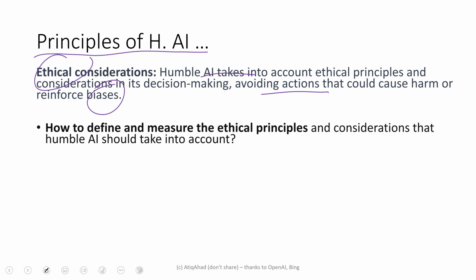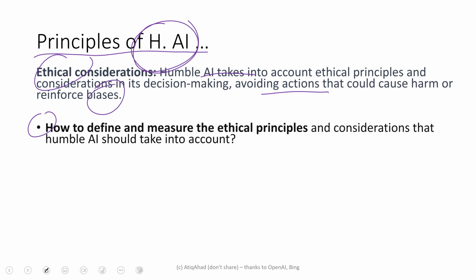Avoiding bias is very important, but there are inherent biases among people that we don't know about, so make sure that we control those things and be better people. So when we ask AI to be humble, we also have to be humble and try not to have biases and others.